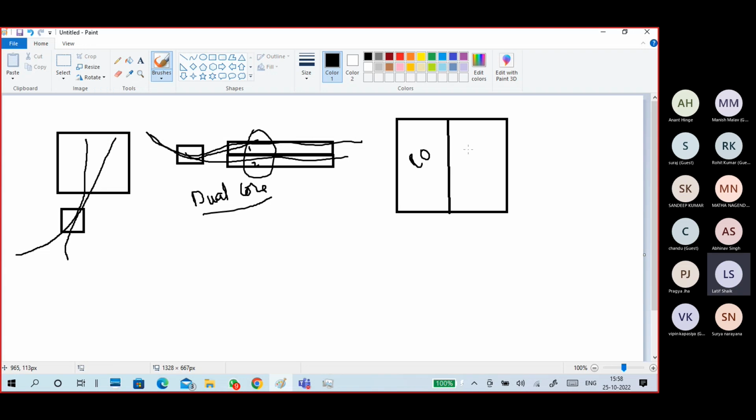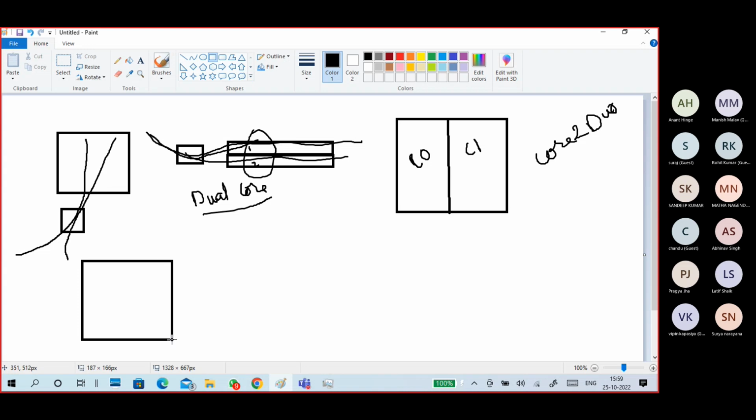This is called core 0, this is core 1. That is called a core 2 duo model.